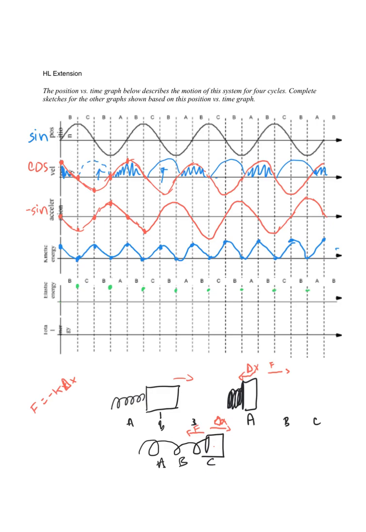When we're at point B, on the other hand, our spring isn't at all condensed or at all expanded, so that means that our elastic potential energy is going to be 0. So here we have our elastic potential energy. And you can see this is, again, kind of mirroring my position graph, and all of my negative positions have been flipped over to the positive side.